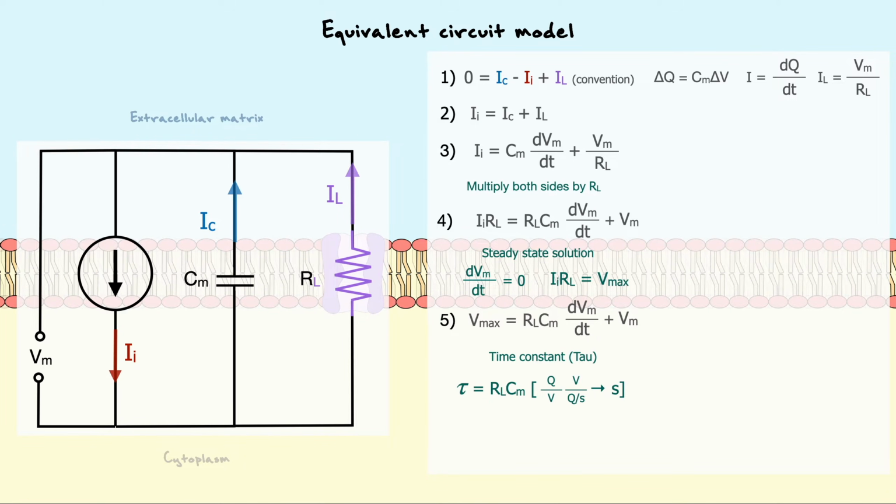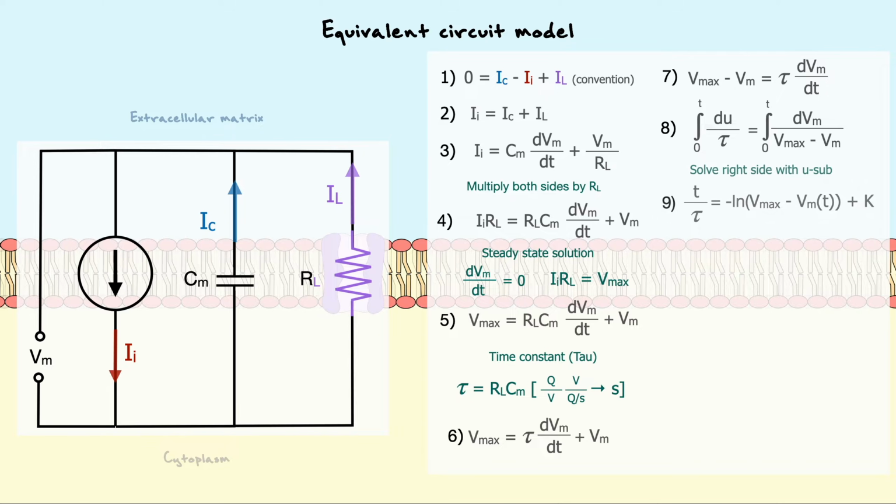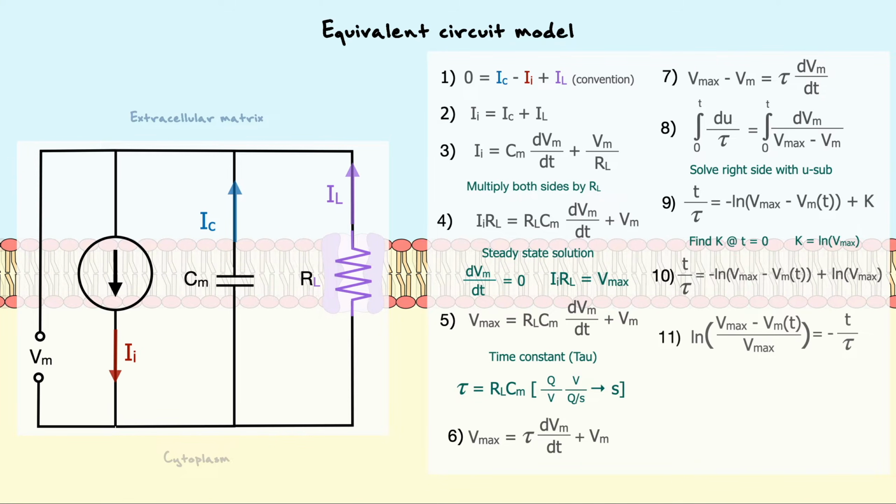This constant is essentially the product of the membrane resistance and the membrane capacitance and has units of time. We will see shortly how this constant applies to our system. Anyhow, let's substitute the constant in the expression, and now we have a differential equation that we can solve. You can go through the steps on your own, but essentially we arrive at this expression.